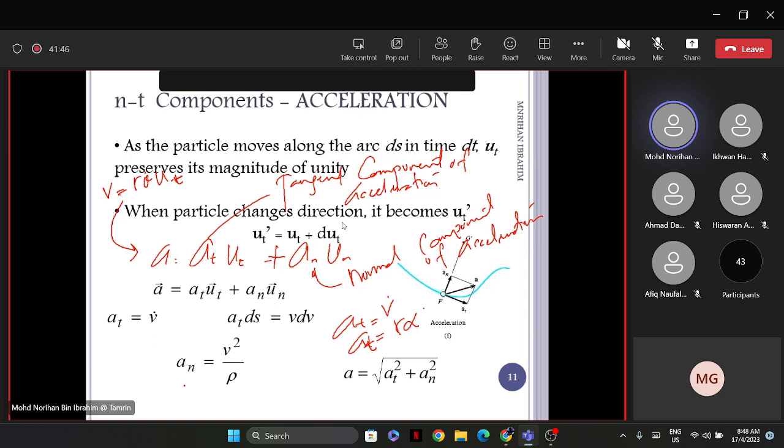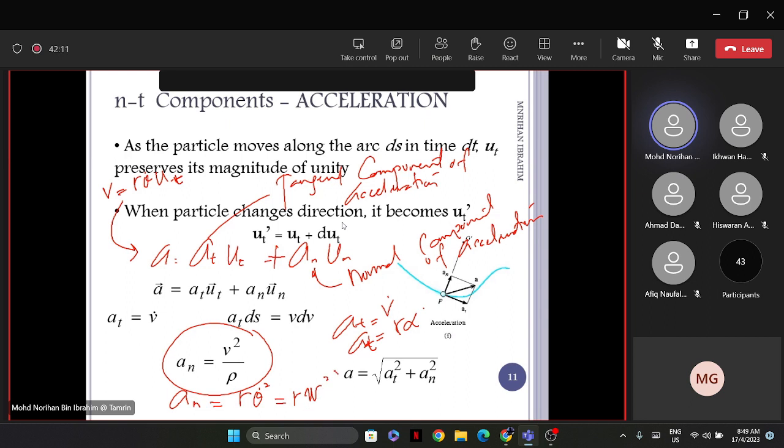And for the normal accelerations, we can use the equation of AN is equal to V square divided by rho. Or another equation is AN is equal to R theta dot square, same as this R omega square for this normal acceleration.